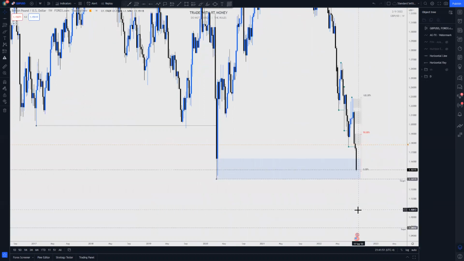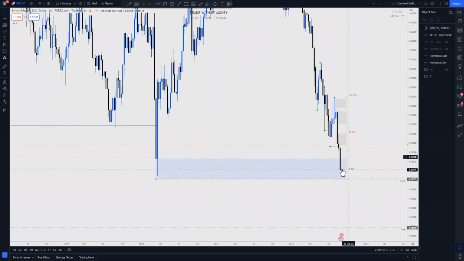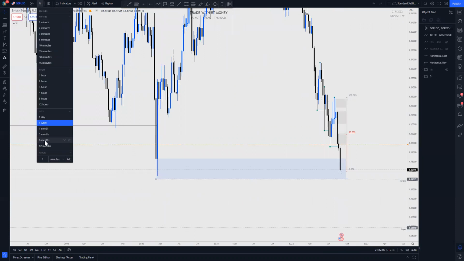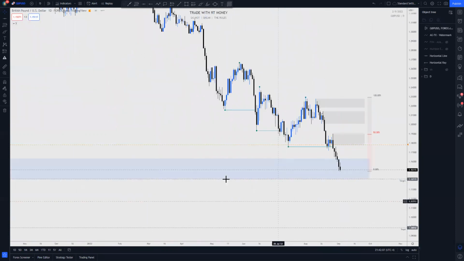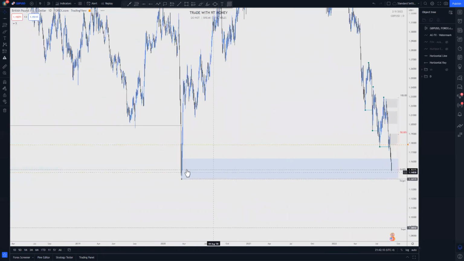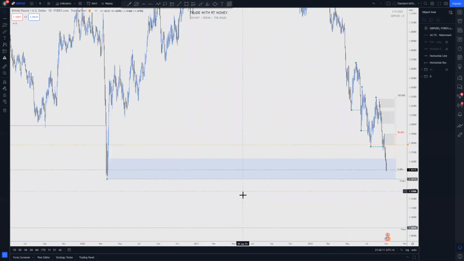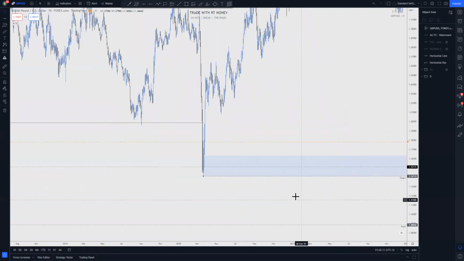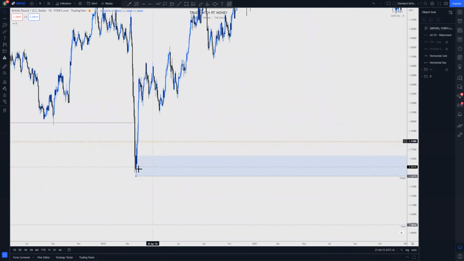Now, again, this is the weekly time frame, and we are in the extreme of a weekly and a demand zone for the daily. This is the daily extreme of a weekly, the weekly extreme of a daily and daily zone.